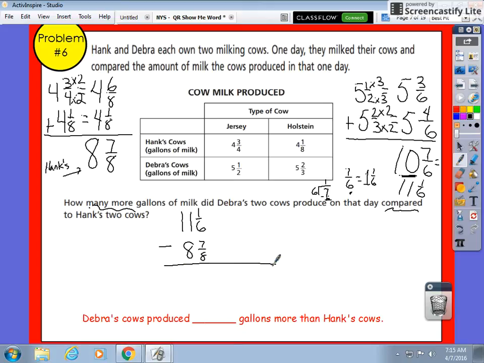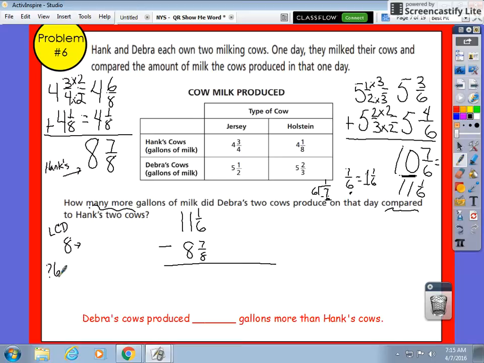So very first off, I know that I need to get a common denominator. Now these numbers are a little bit bigger, so I want to think about my least common denominator, my LCD. So I'm going to take my 8, and I'm going to find multiples of 8, and then I'm going to check if 6 divides into it evenly.